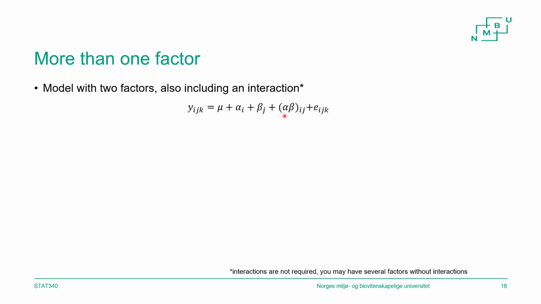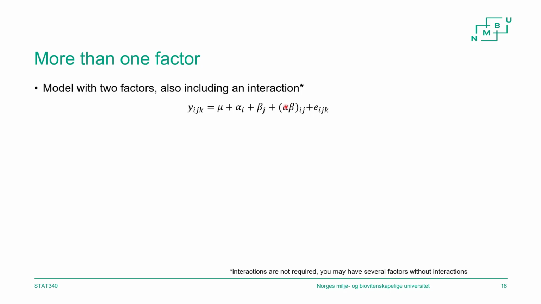Here is the interaction term. And I have to say two words about the name it has gotten. This is how it's often written, but you should consider this parenthesis here to be one symbol. We could just as well have chosen to call this with a third Greek letter, because this is a factor just like the others, with its levels.